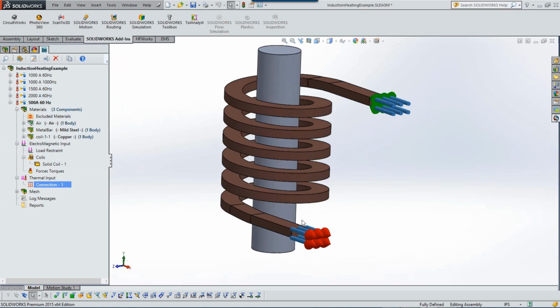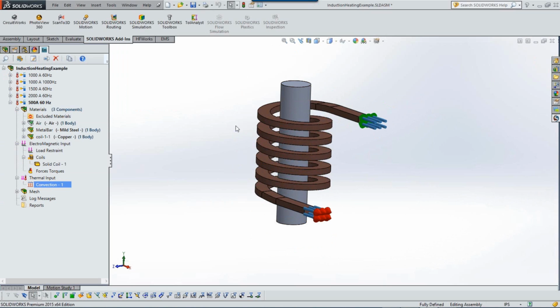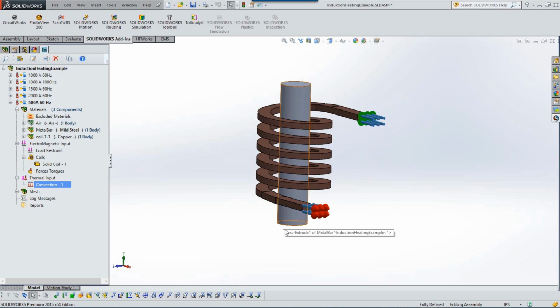Once these are defined, we are ready to solve this problem. Okay, so EMS is a 3D finite element based simulation where everything depends on breaking the geometry into small finite elements. Okay, and these finite elements are commonly also referred to as mesh.